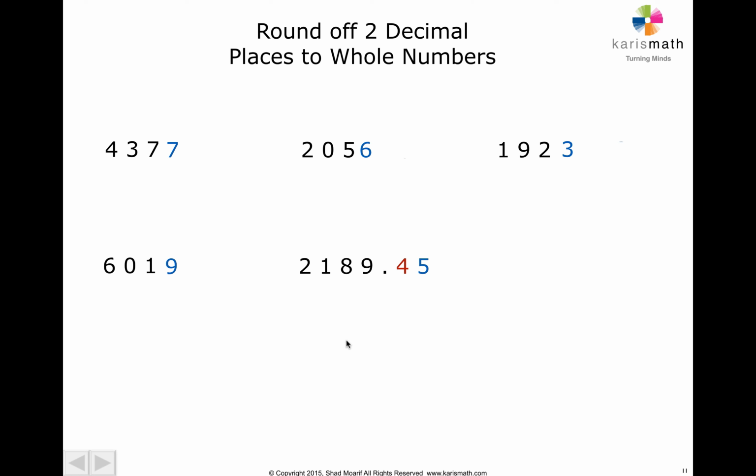Who can answer this question? Aha! 2190. Very good. Let's work it out. This is 5 or more than 5, which means this becomes 5. This is 5. It's not more than 5, but it is 5. So one decimal place we've already got rid of.